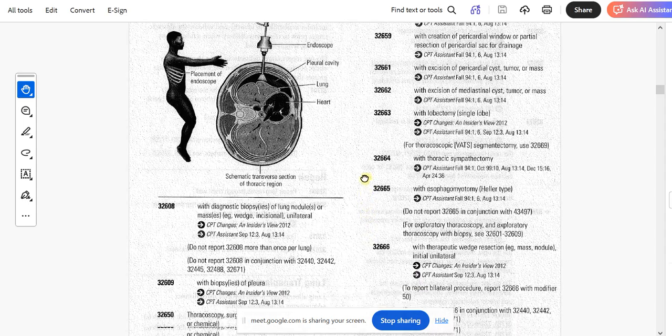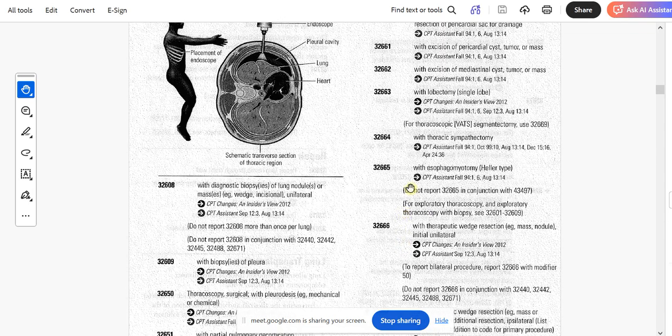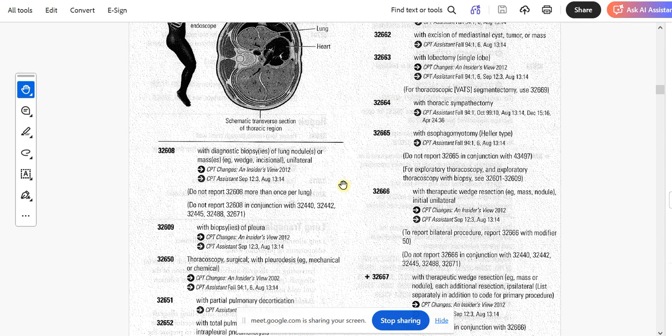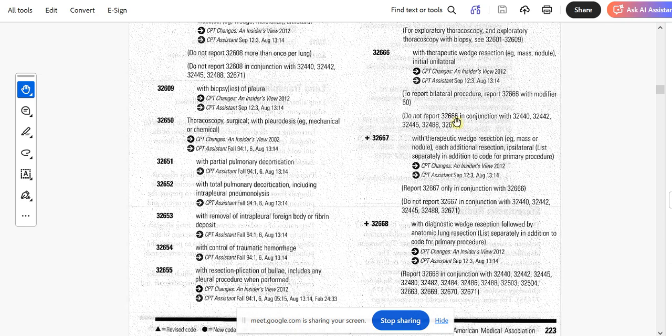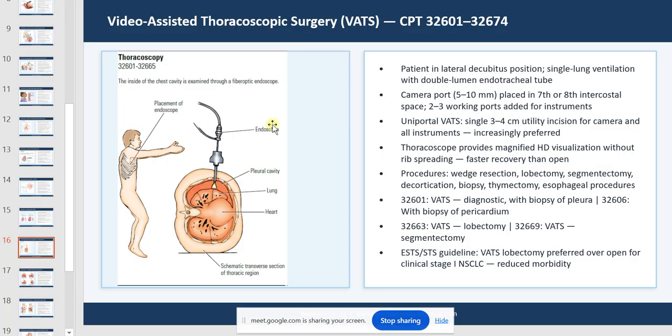So go through all these individual codes, understand the differentiation: biopsy codes, lobectomy codes, all these procedures. These are all endoscopy, thoracoscopy. But the same removal of lung you can do in an open procedure also. That is called thoracotomy. So we have separate codes for thoracotomy, separate codes for thoracoscopy. All right. So that's how it is basically.